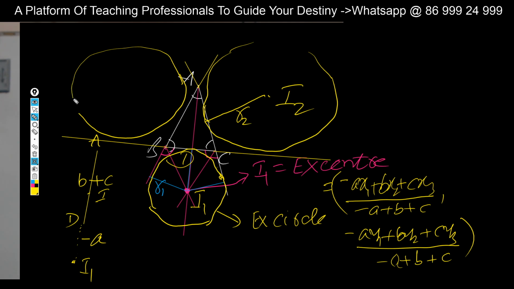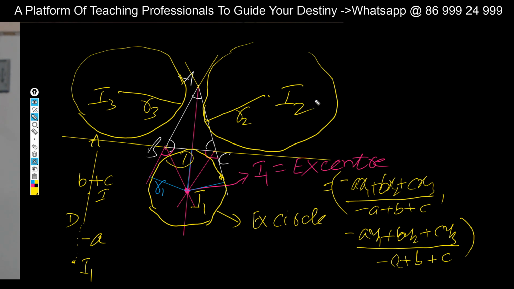So how many such circles exist here? 3 such circles exist here. For this one, you will have the excenter I3 and this radius is said to be R3.